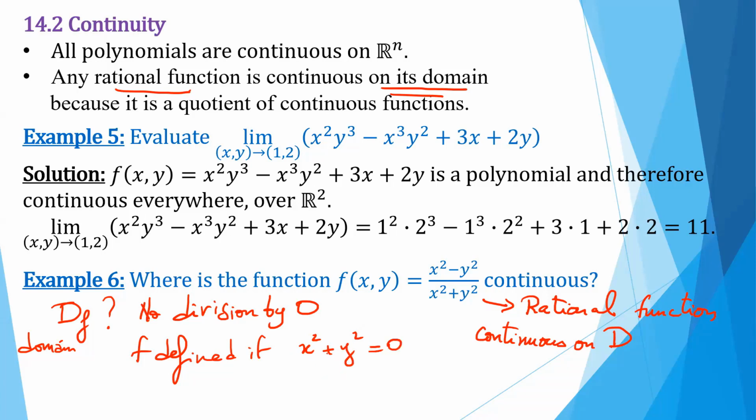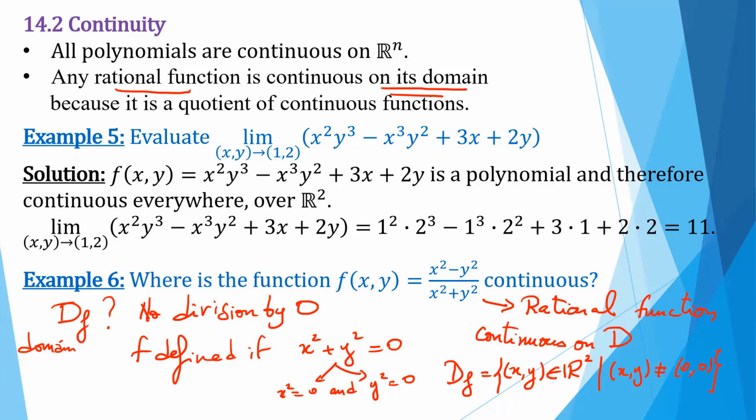And since this is the sum of two squares, the sum of two non-negative numbers, this sum is 0 if and only if x squared is 0 and y squared is 0. So the domain of f is the set of ordered pairs xy, two variables, in R2, because we have two variables, such that xy is different from the origin 0, 0.